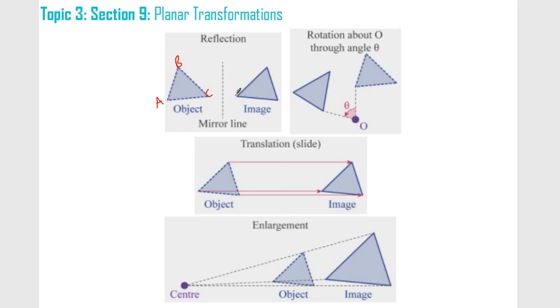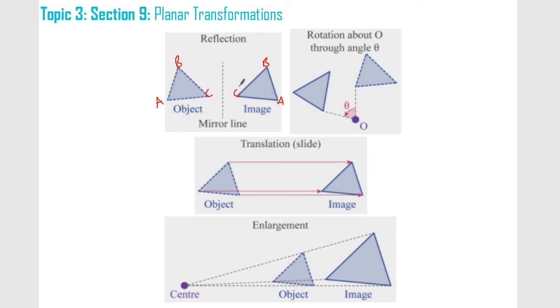So C is now going to be on the left, A is on the right, and B will still be up top. Now for rotation, that's when we rotate off of a vertex, or off of a point, by a certain angle.